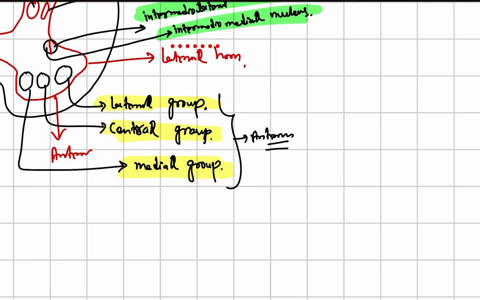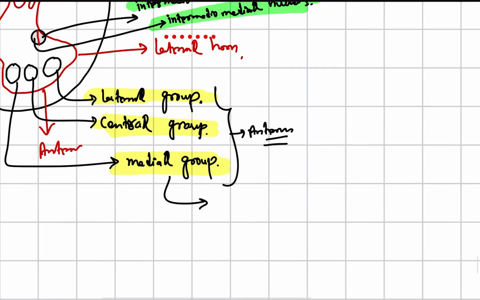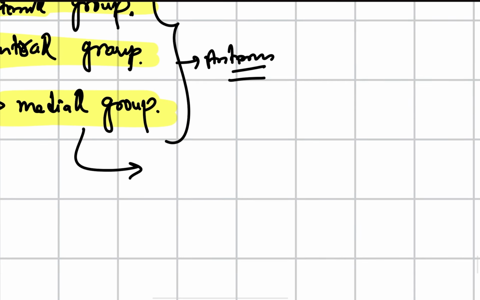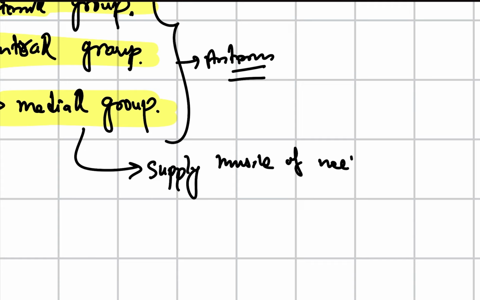The medial motor cell is present in the entire cord, and it supplies the muscles of the neck and trunk.